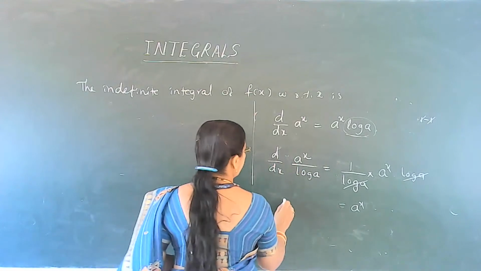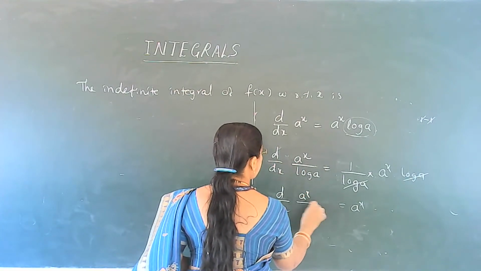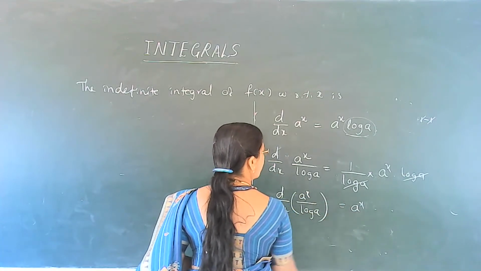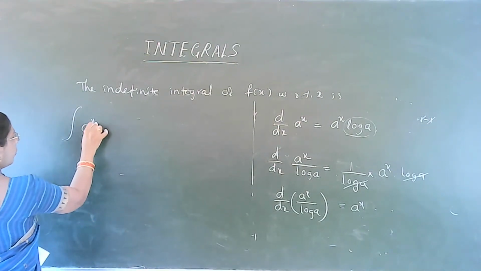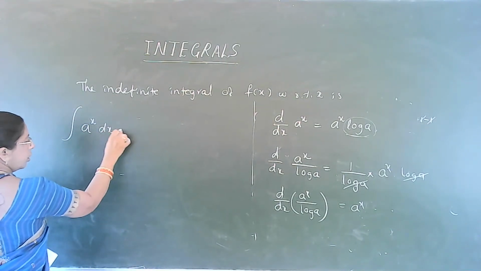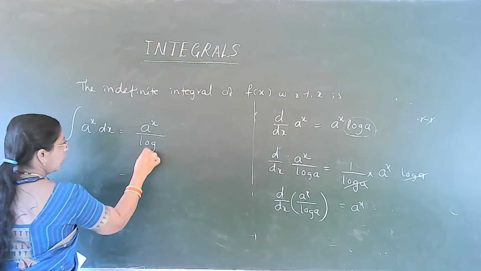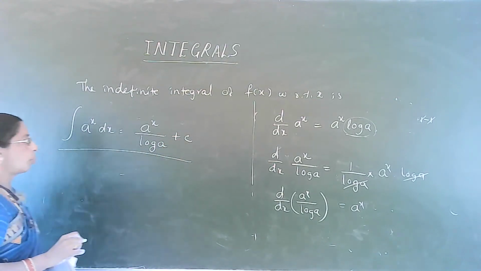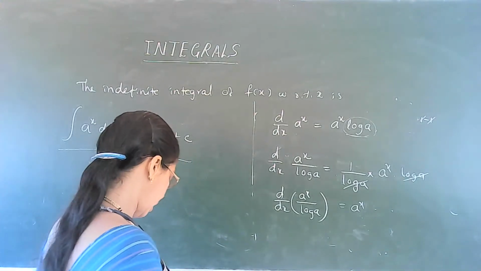Therefore, d by dx of a to the power x by log of a is equal to a to the power x. Therefore, integration of a to the power x dx is equal to a to the power x divided by log of a plus c, which is the integration of the function a to the power x.